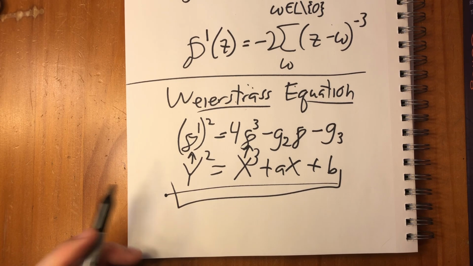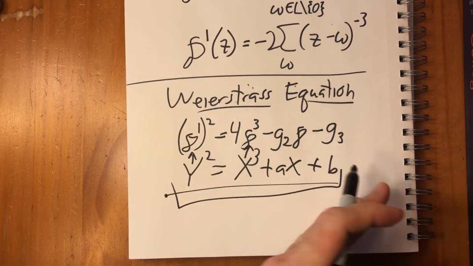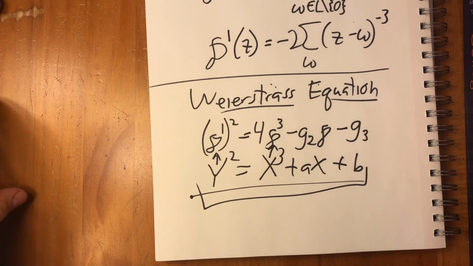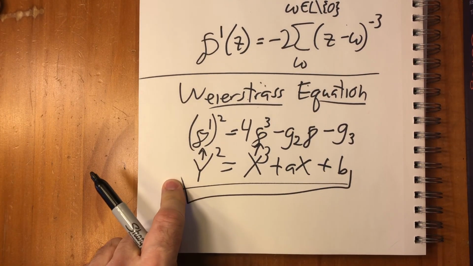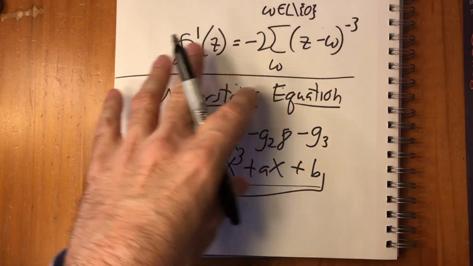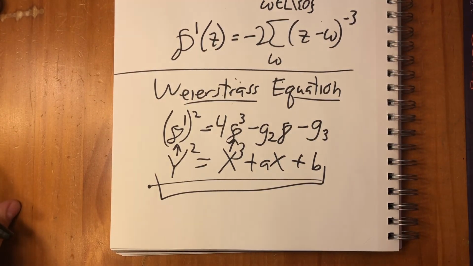So that's it. We did it. This connects elliptic curves and Fermat's last theorem to complex numbers, which is going to then connect to modular forms, and then we can go back.